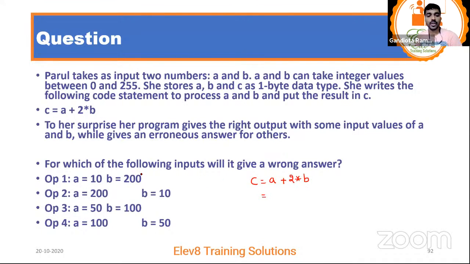If you take the first value, 10 plus 2 into 200 gives 410. Next, 200 plus 20 gives 220. Then 50 plus 200 gives 250. Then 100 plus 100 gives 200.